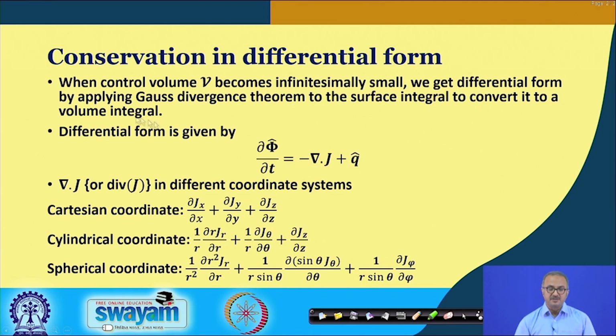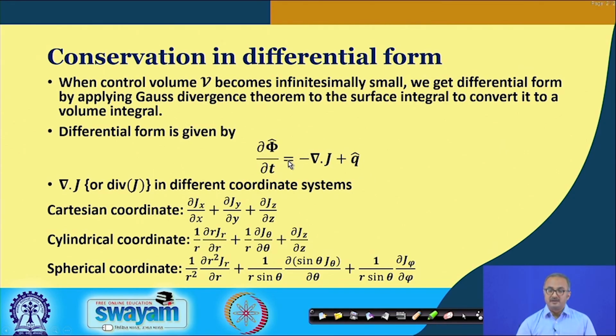Anyway, we say that we are choosing a very small control volume, and then when we write this conservation equation we get the differential form, and here we apply the Gauss divergence theorem to the surface integral to convert it to a volume integral. So I will not be going into the details of this Gauss divergence theorem, which is covered in some mathematics course. So without going into detail, we simply write the Gauss divergence theorem and put it in this fashion.